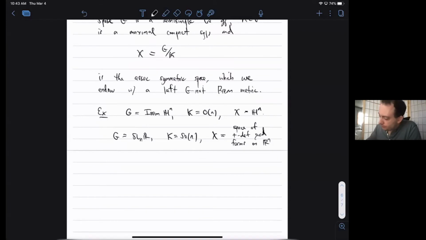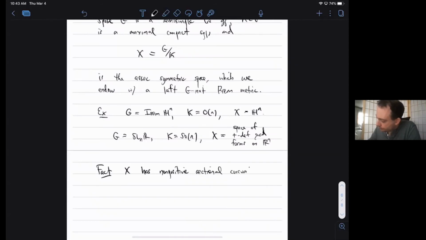And just as a quick fact, whenever you have such an X, it is a manifold with non-positive sectional curvature and is diffeomorphic to R to the m for some m.